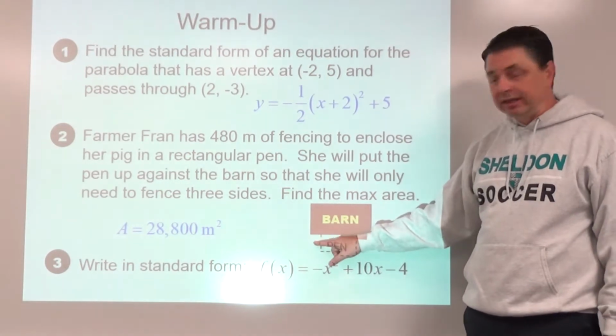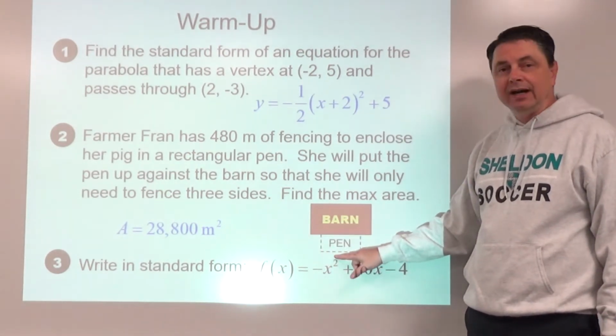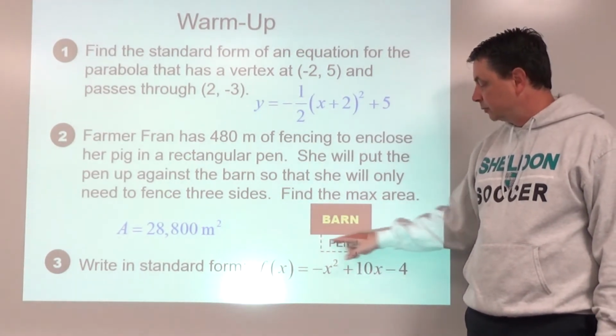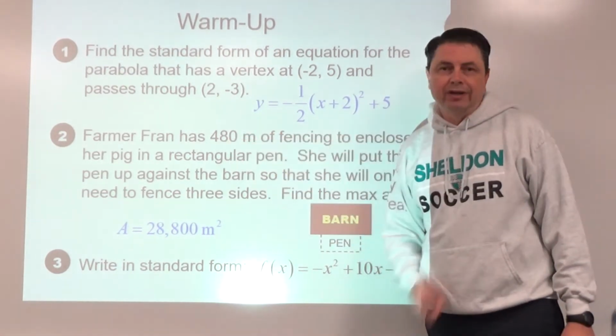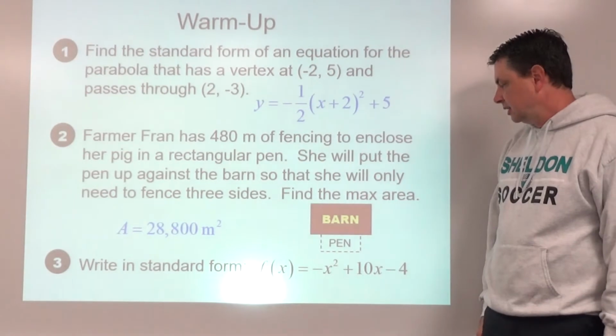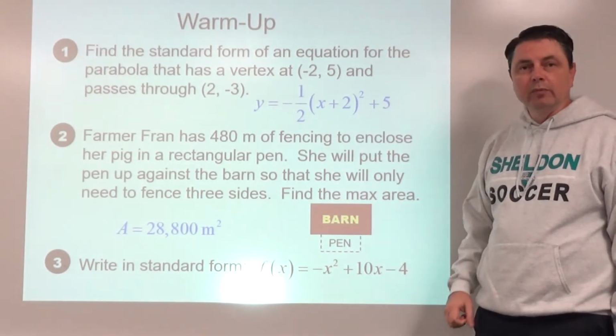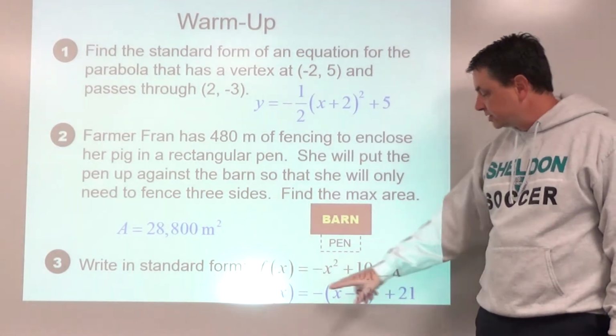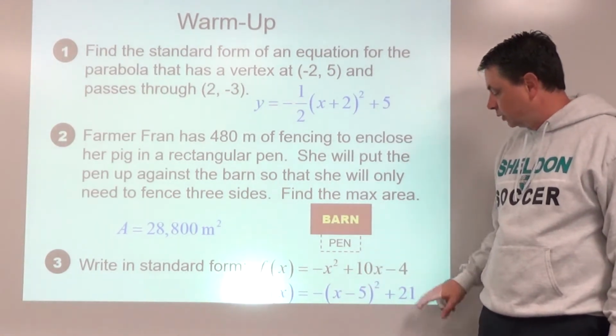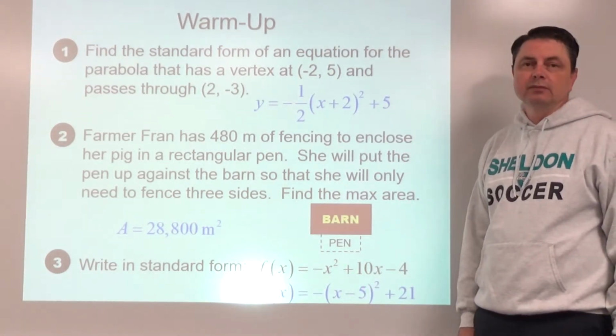Probably want to label this as x, x, and y. And then the perimeter becomes 2x plus the 1y would equal the 480 as your constraint. And then standard form, by completing the square, f of x equals negative quantity x minus 5 squared plus 21.